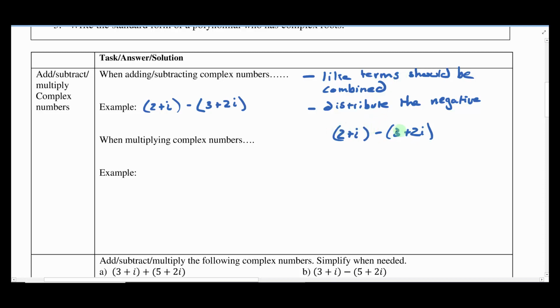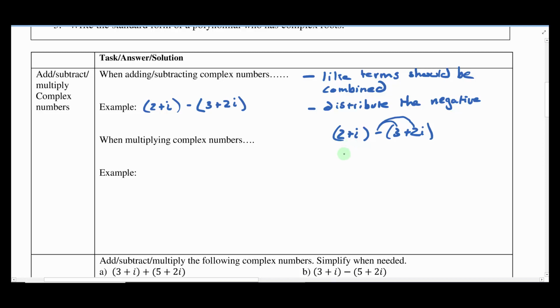You might think, well, we have these parentheses around these two complex numbers, which is fine. Since we're subtracting, before we remove those parentheses we need to distribute this negative in, because we're subtracting the entire quantity. So we're subtracting the 3 and we are subtracting the 2i as a quantity. When we remove those parentheses, we have to apply that subtraction to both terms inside the parentheses.